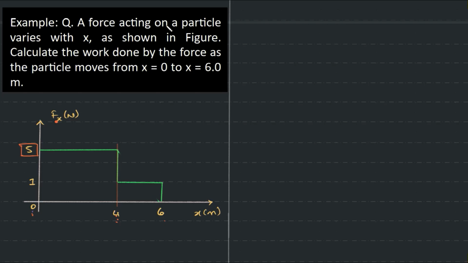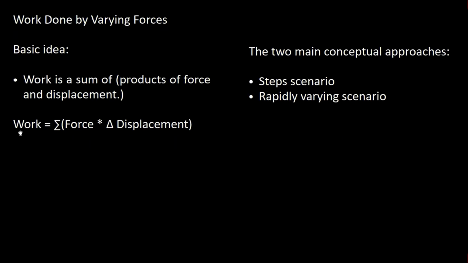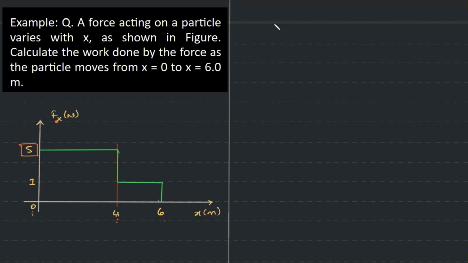A force acting on a particle varies with x, that is with the displacement, as shown in the figure. Calculate the work done by the force as the particle moves from x equal to 0 to x equal to 6. So what our methodology is telling us is this very idea: work is equal to summation of force times displacement.